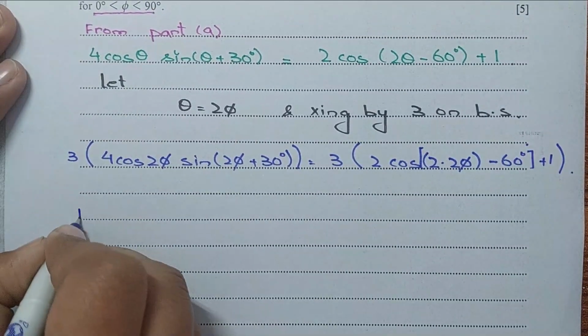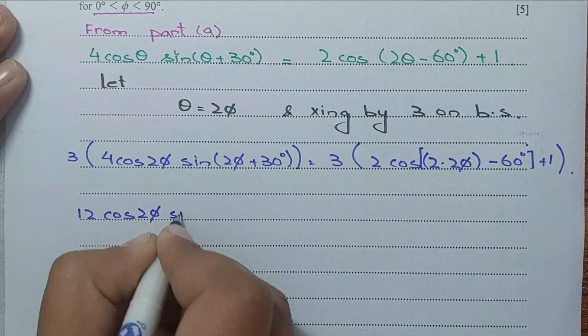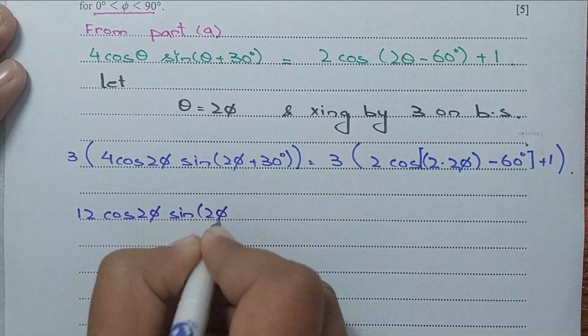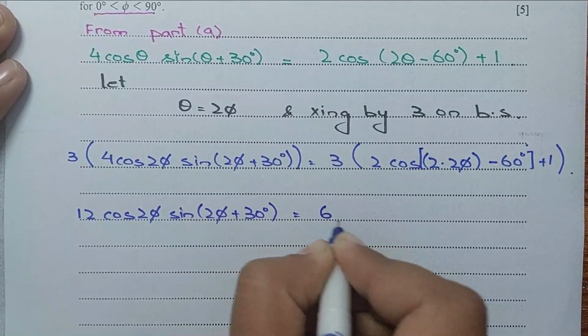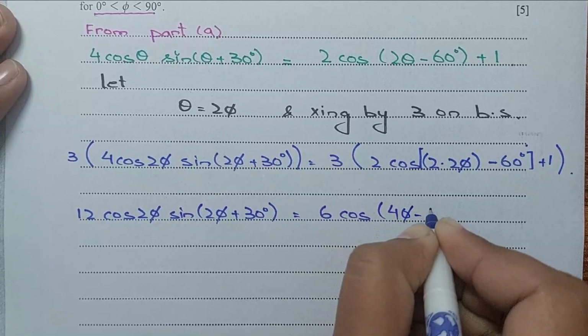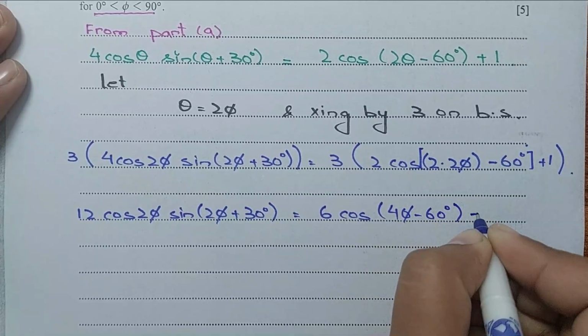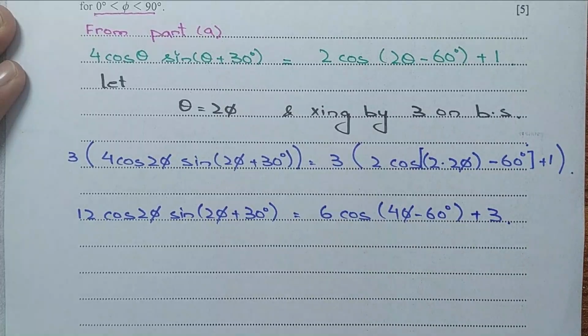Okay, this becomes 12 cos 2 phi sine 2 phi plus 30 degrees. This is equal to 6 cos 4 phi minus 60 degrees plus 3. 3 times 2 is 6, 3 times 1 is 3, right?